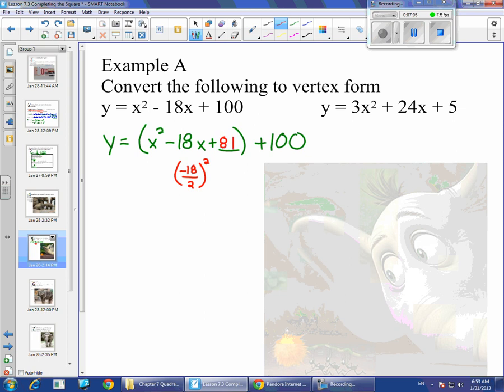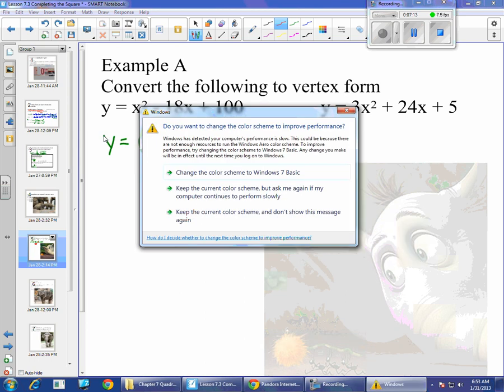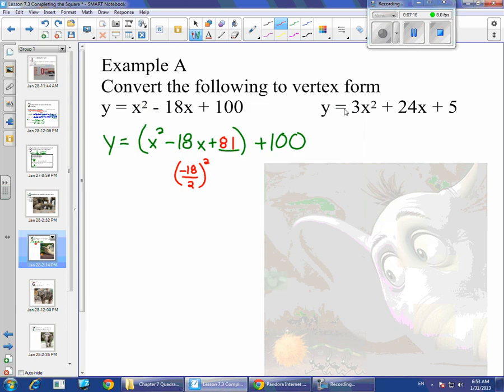Now, a lot of you right now should be going, hey, Mr. Schmidt, what's the deal? You just randomly added 81 to the inside of an equation. You can't do that. My algebra teacher told me I couldn't. So to compensate for that, I added on 81 to my right-hand side of my expression, and that's not technically algebraically legal unless I compensate for it.